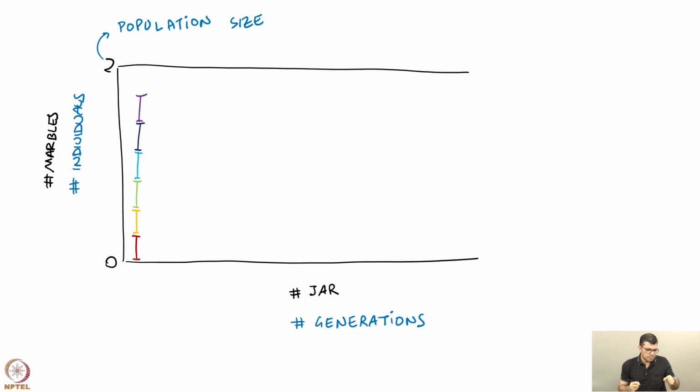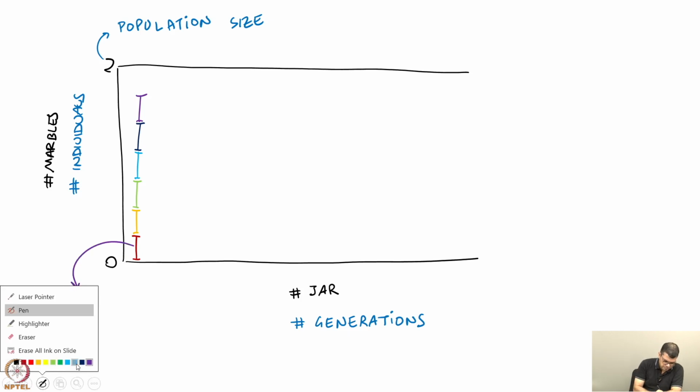So in the marbles in the jar game, each of these represented marbles of different colors. In evolution, each of these colors is going to represent a different genotype.